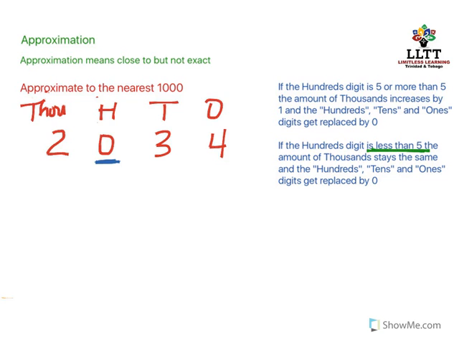So if we're less than 5, the amount of thousands stays the same. So that's 2. And then our hundreds, tens, and ones digits get replaced by 0. So our hundreds digit gets replaced by 0, our tens digit replaced by 0, and our ones digit replaced by 0. So 2034 to the nearest thousand is 2000.